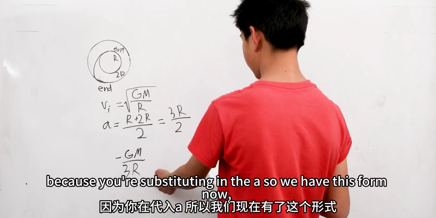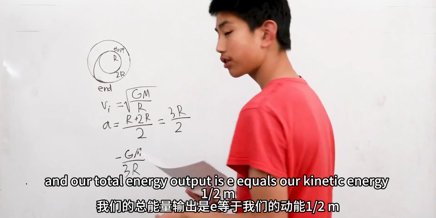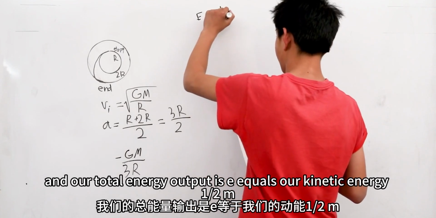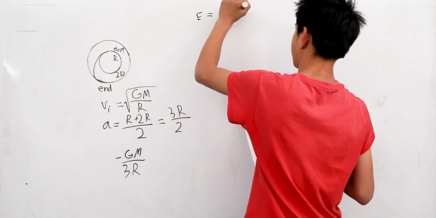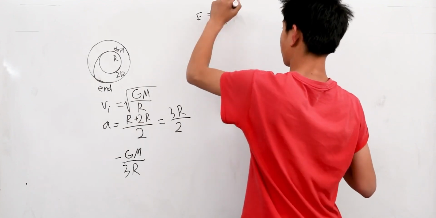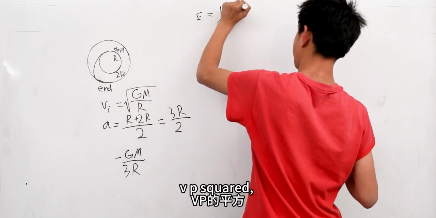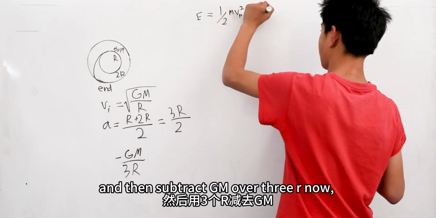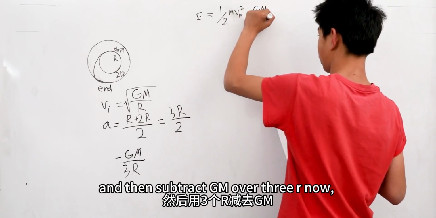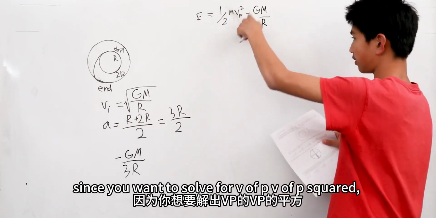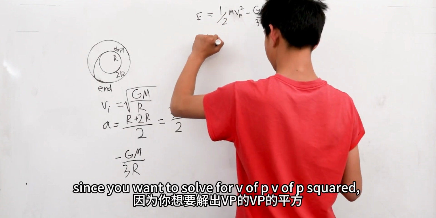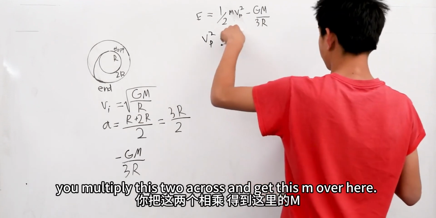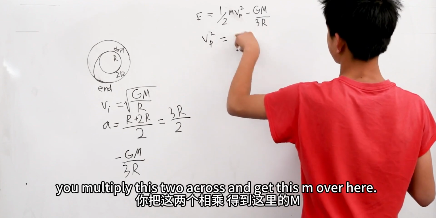So we have this form now, and our total energy is E equals our kinetic energy, 1/2 m v_p squared, because that's after the burn, and then subtract GM over 3r. Now, since you want to solve for v_p, you multiply this 2 across and get this m over here.